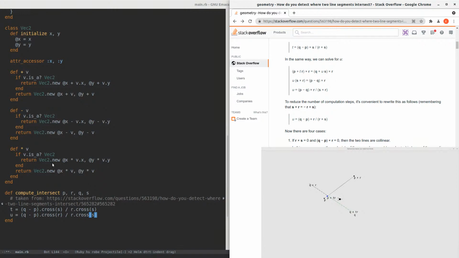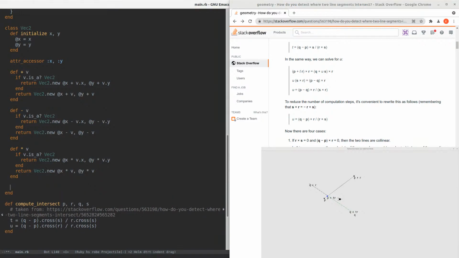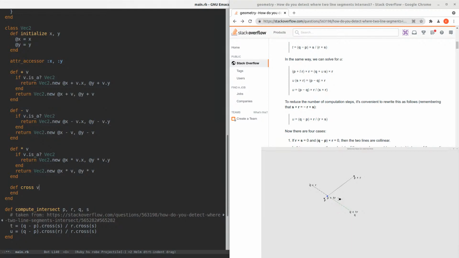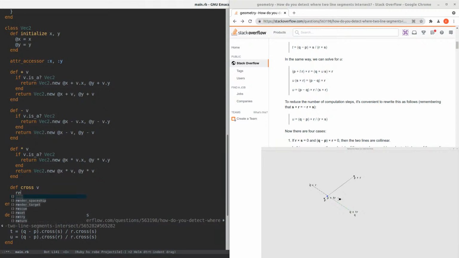Okay, so let's do cross product now. So we have our cross, which is our other vector that we're multiplying by. So all we're doing is vec2.new, and we'll do at x.